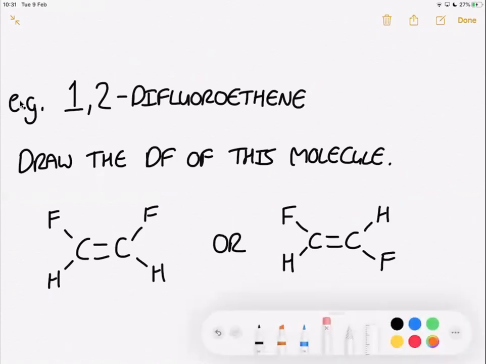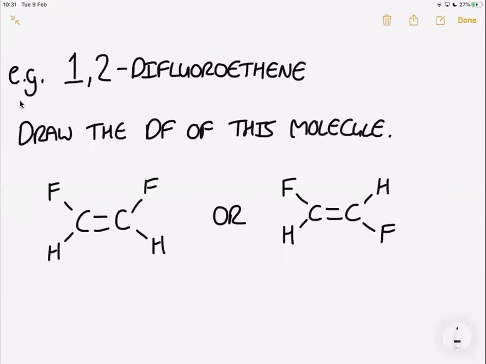The point is that it could be either, and the designation for which one it is has a specific name. This is an example of geometric isomerism, because the direction that the various atoms are pointing with respect to the double bond actually makes them different. They have a different arrangement in space. However, their structural formulae would be identical. So let's think about that.